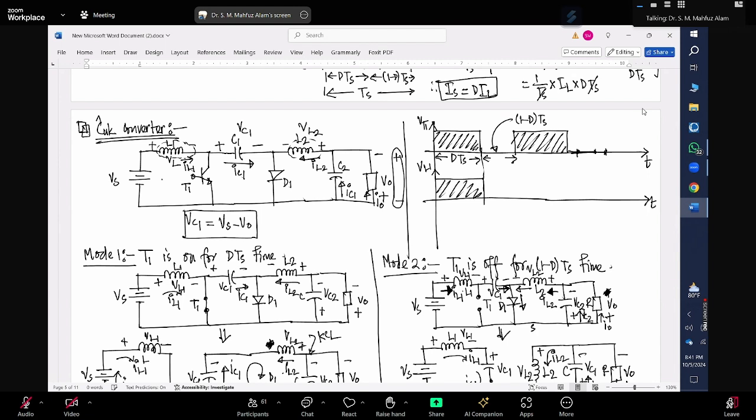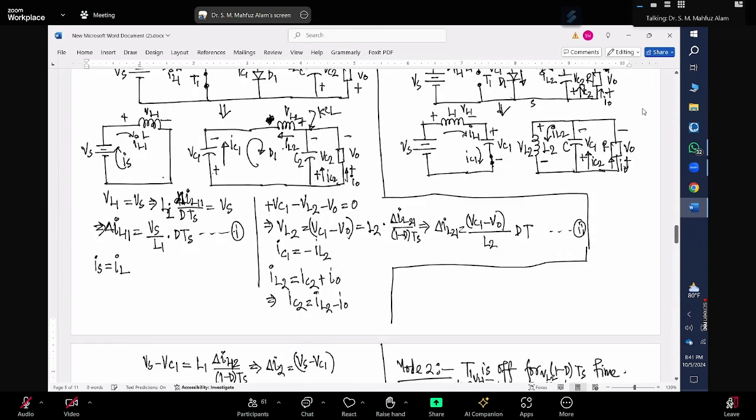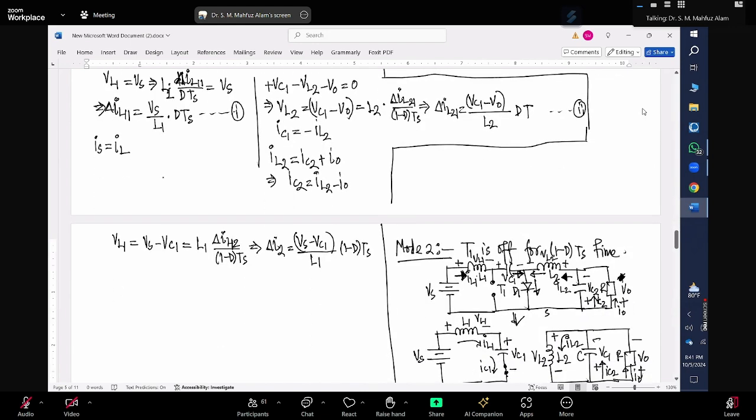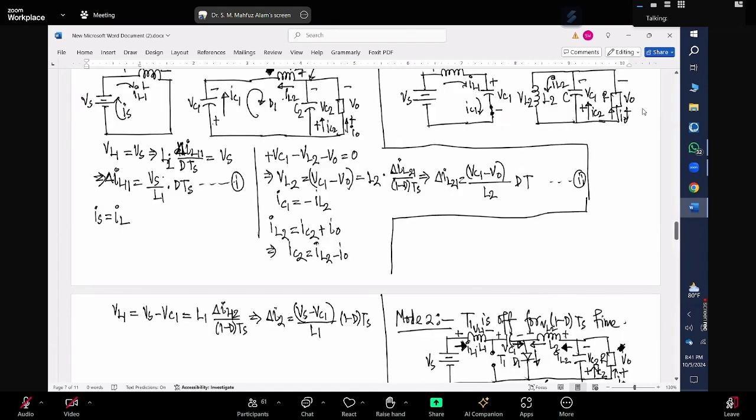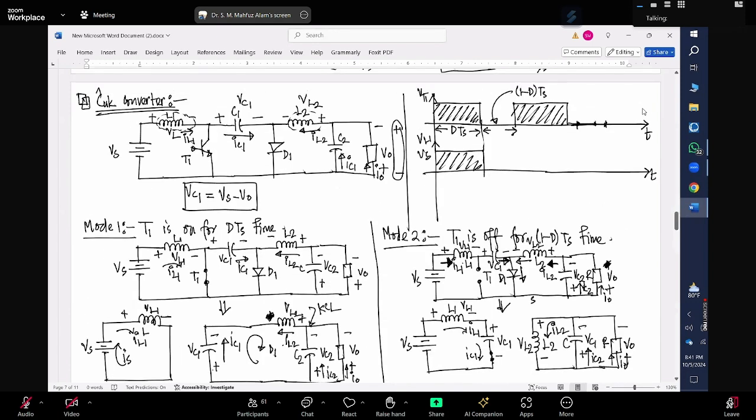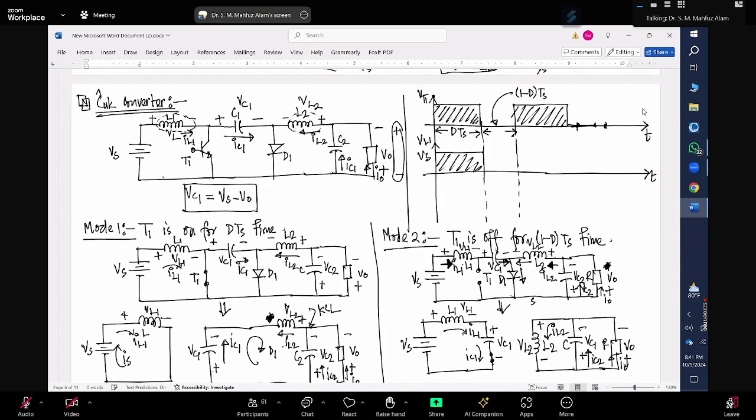And that should be your Vs. But for the second case, the voltage across the inductor should be Vs minus VC1. So should this magnitude be positive or negative? Negative, right? Because the average voltage across the inductor should be 0, right?